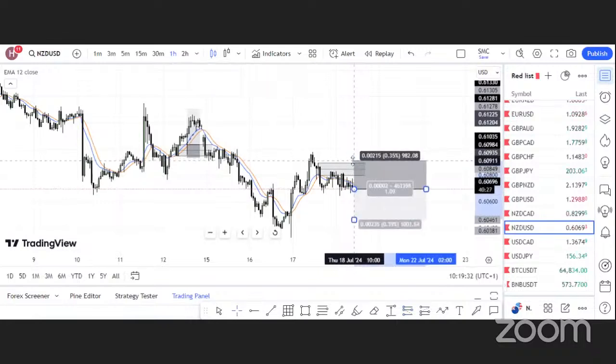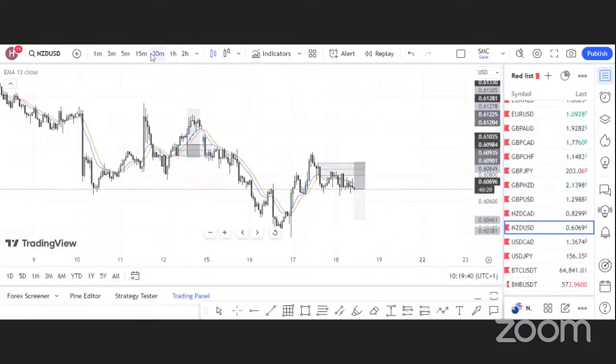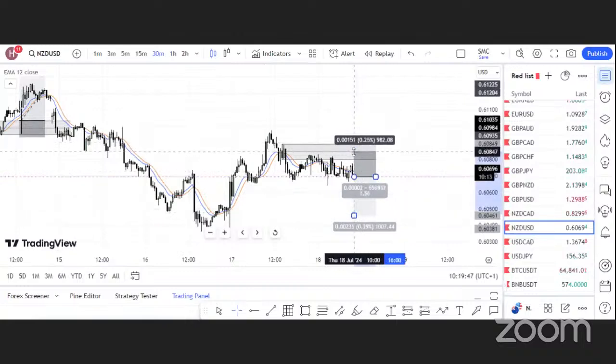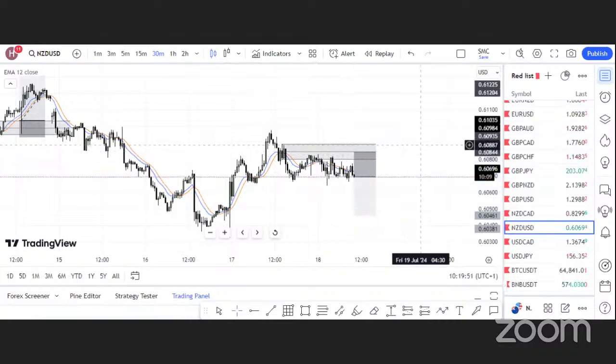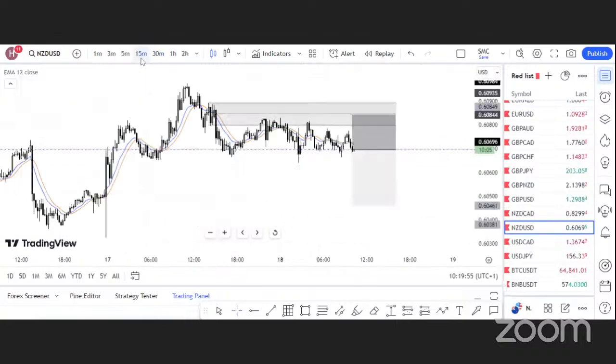So I saw an opportunity, and I want to quickly analyze the market and see if this is something we can jump on. So this is NZDUSD.